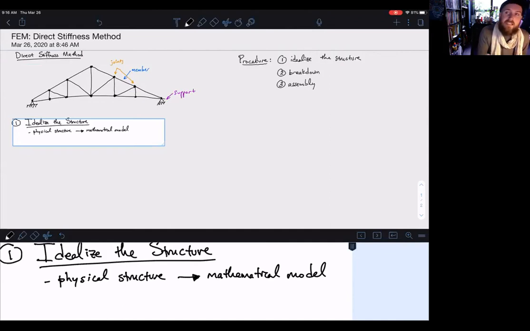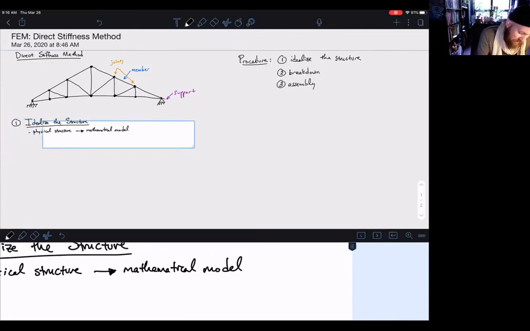We're going to have to make some approximations in here. So anytime you're doing some sort of a mathematical model, you're going to have to introduce some approximations.